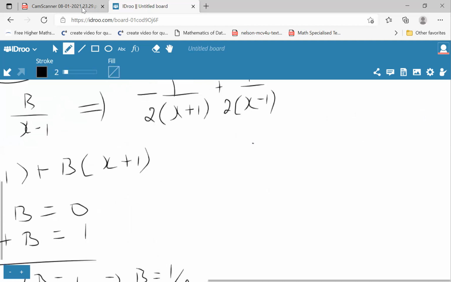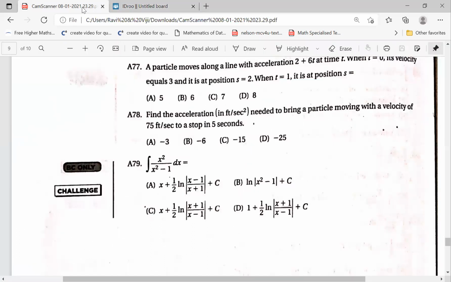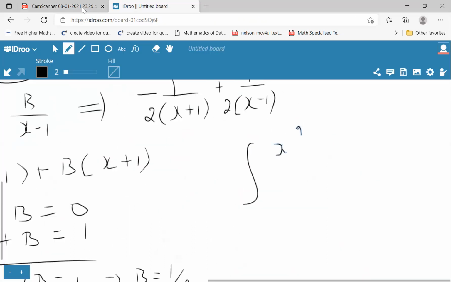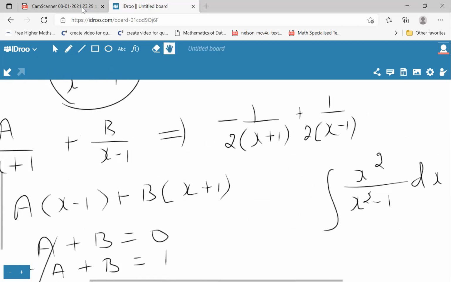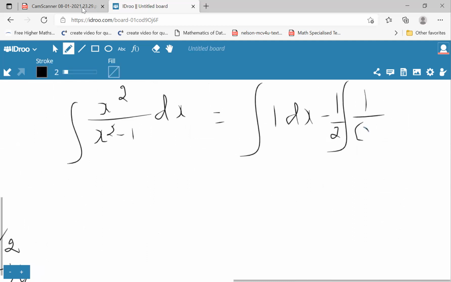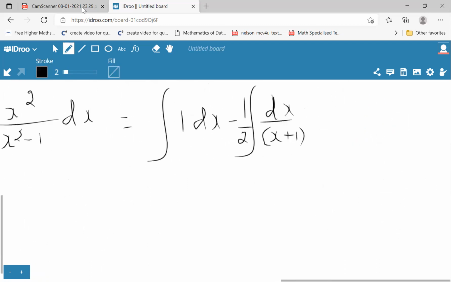So integration of x squared by x squared minus 1 dx is nothing but integration of 1 dx minus, let me take the half outside, half into integration of 1 by x plus 1 dx, and b is half, so plus half integration of dx by x minus 1.